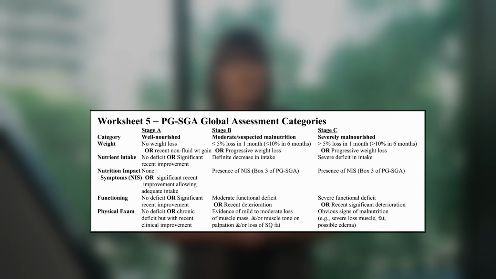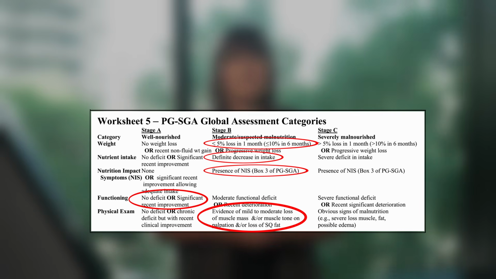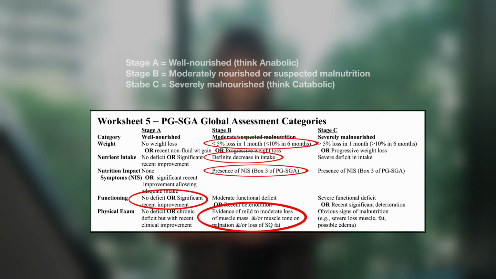The global assessment is based on clinical judgment, an overall interpretation of the patient's current nutritional status, including whether the patient appears stable, improving or declining. To assist with assigning the global category, it may be helpful to circle A, B or C for each category as you work down the list. The global status corresponds to the column with the most circles.